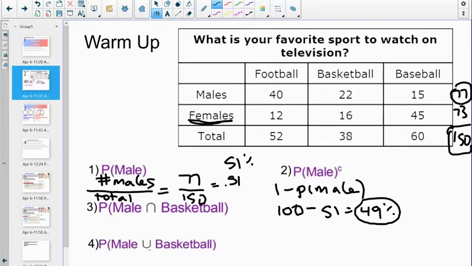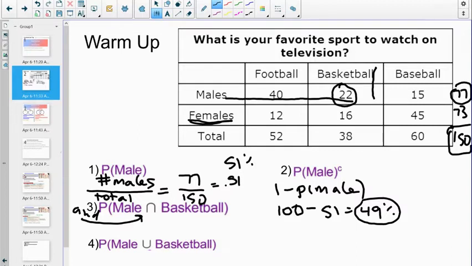Now, number 3 says probability of male, and remember this little sign here is "and." So probability of male and basketball. For these "and" type problems, we'll draw arrows until they meet. So we have male and basketball, where they meet is right here.